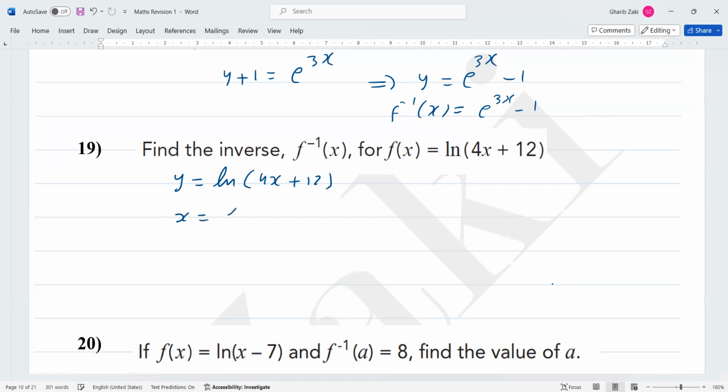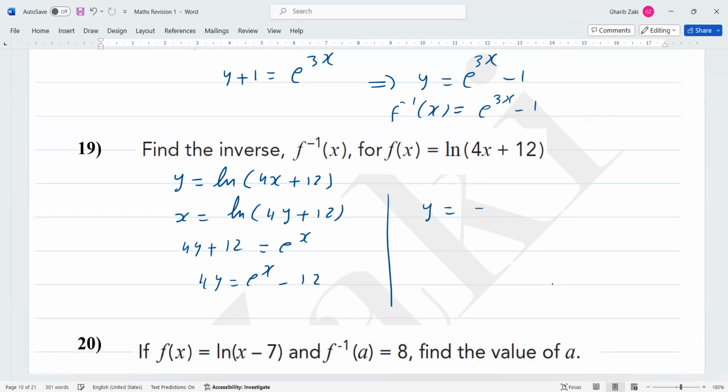So x equals ln(4y plus 12). 4y plus 12 equals e to the power x. 4y equals e power x minus 12. So y equals (e to the power x minus 12) over 4. This is the inverse. So the inverse f inverse of x equals (e to the power x minus 12) over 4.